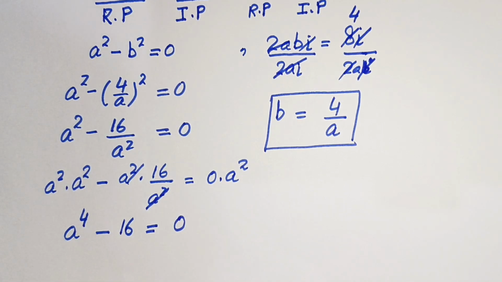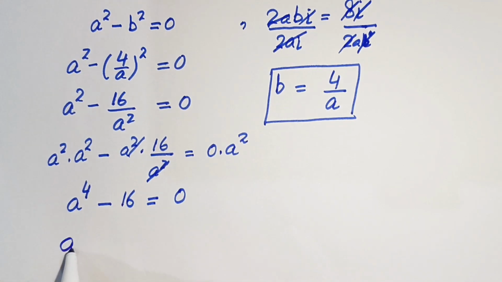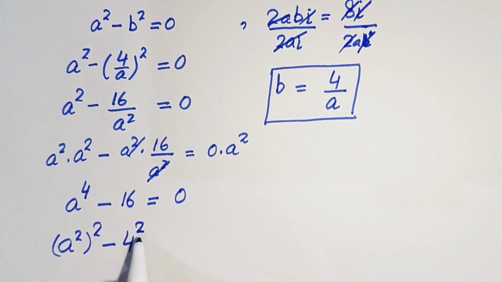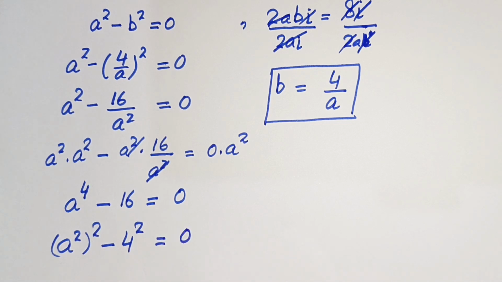Now this a raised to the power 4 can be written as (a squared) whole squared minus 4 squared, because 16 is equal to 4 squared, which is equal to 0.